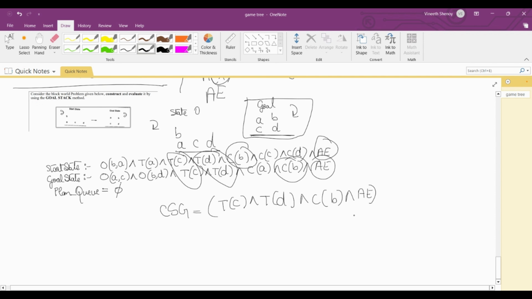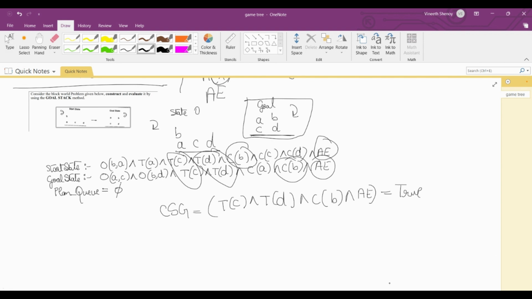The reason being, these four are the common predicates in both the goal and start state, which means that from the start state till the end goal state, these four predicates should remain the same. Because they are there in both states, there shouldn't be any changes in them. So in every step of our solving, in every intermediate state, this condition should always remain true. That means this CSG should stay true at all times. That's what we'll make sure of.